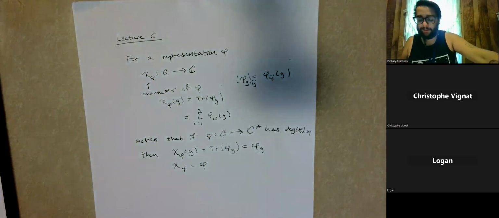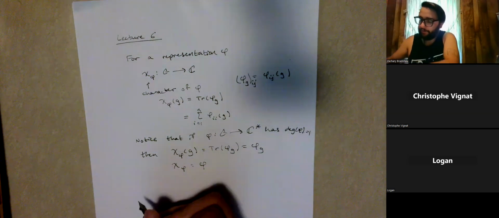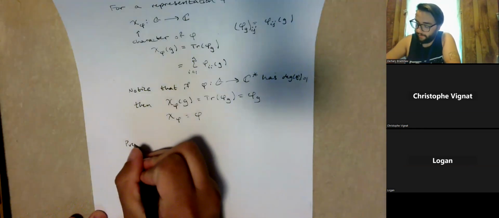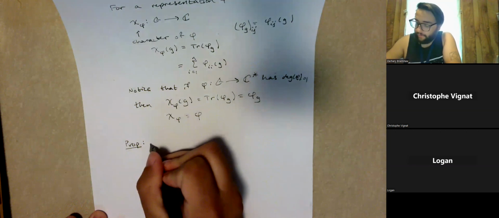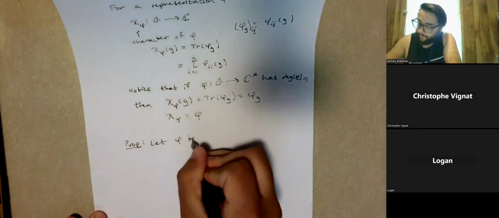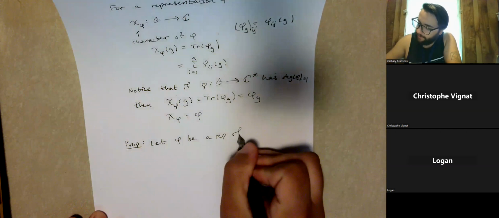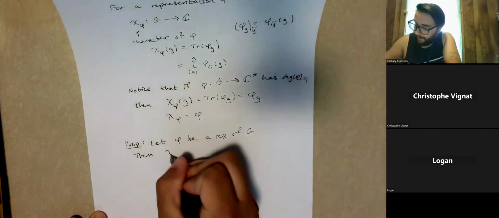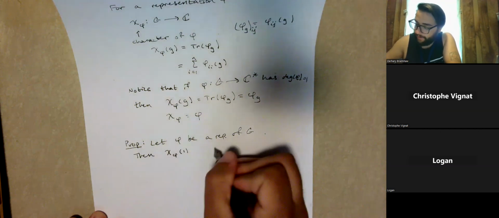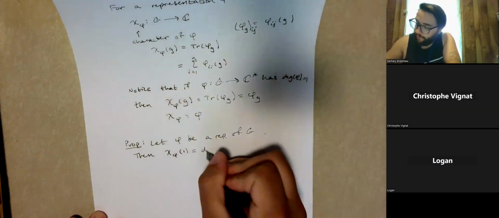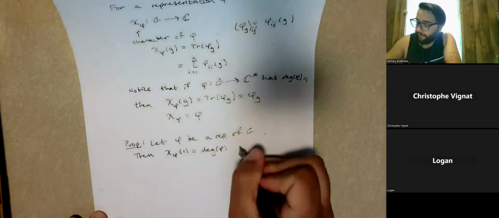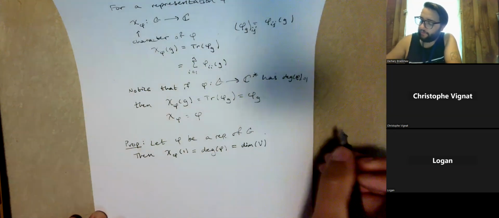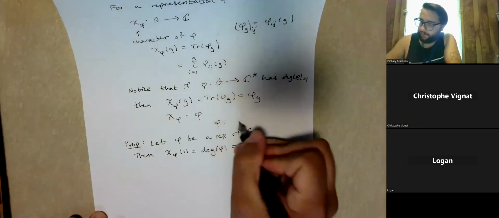Here's another piece of information that you can very easily see. Let phi be a representation of G. Then chi phi of the identity is equal to the degree of phi, which remember is the dimension of the underlying vector space.